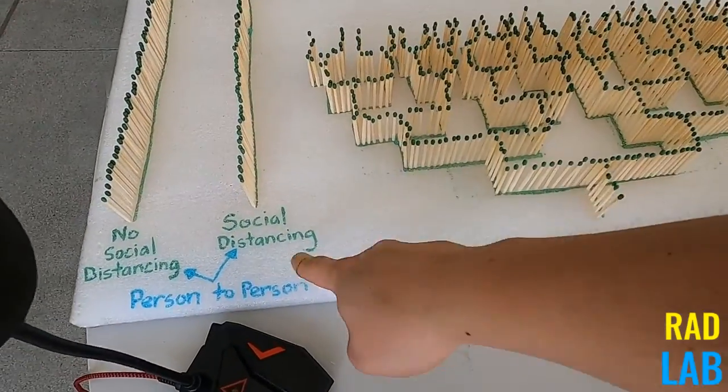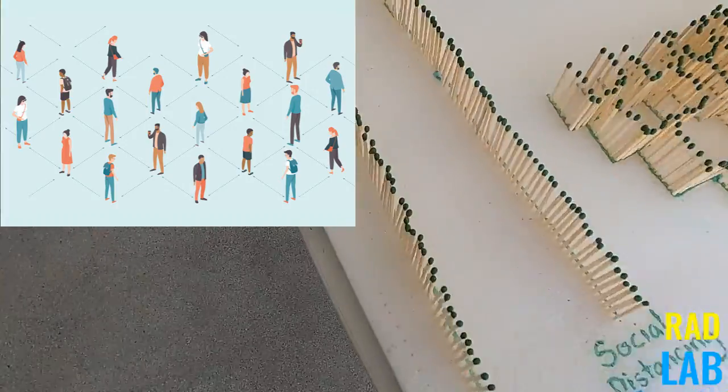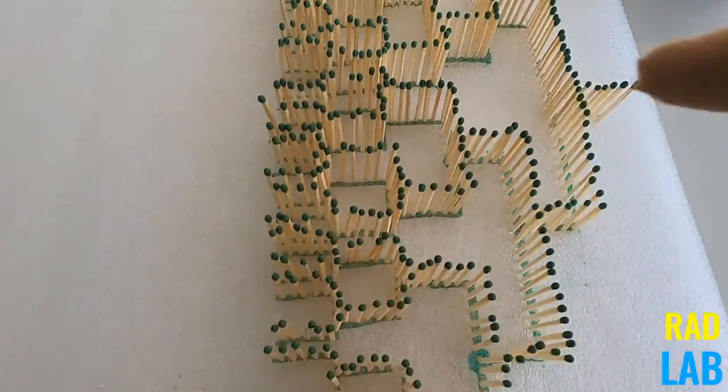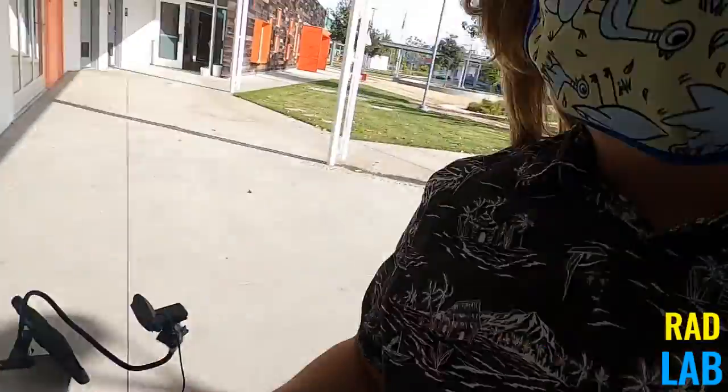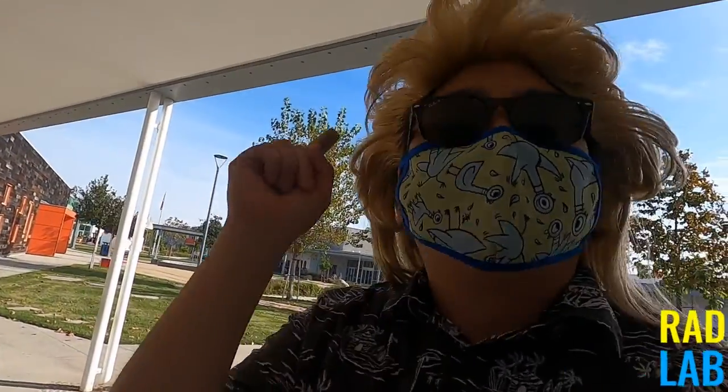But we're also gonna be looking at social distancing, and we're going to see how social distancing can help stop the person-to-person spread of COVID-19, because that's going to help us understand a little bit more how to protect ourselves from this gnarly disease, this gnarly virus, and how to really help stop the spread so we can get back to school, we can get back to learning in person.